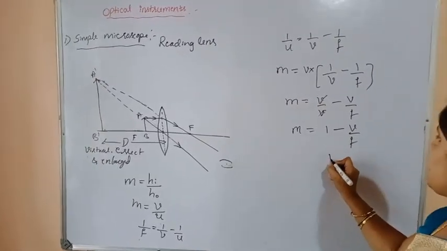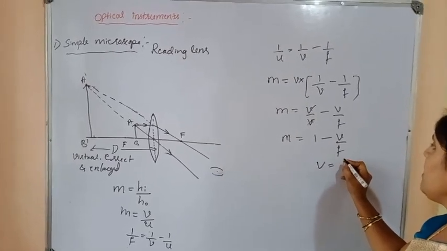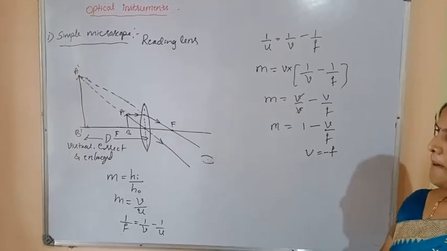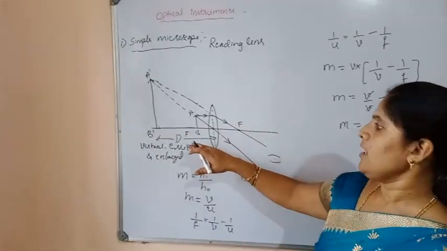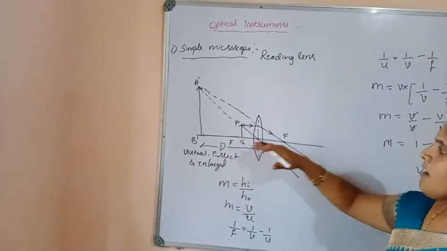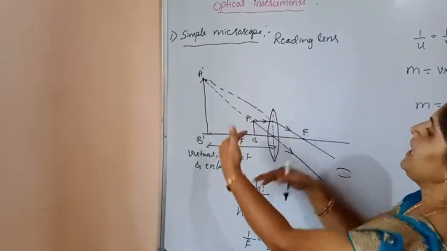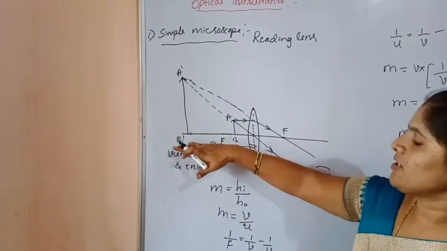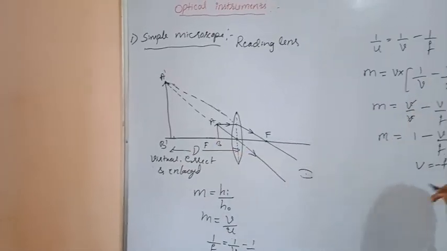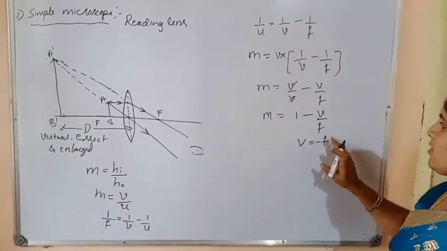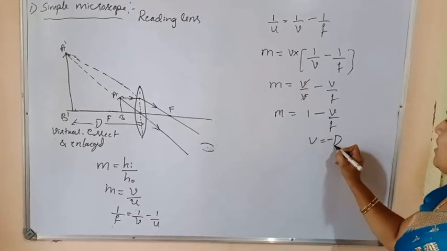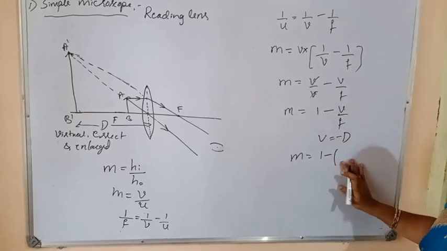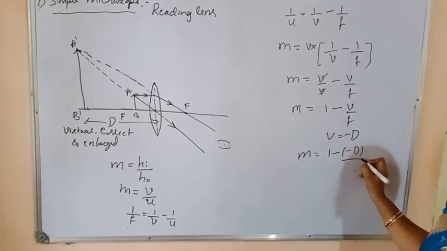By applying the sign convention, v is equal to minus d, because this image distance d is measured opposite to the direction of the incident ray. So v is equal to minus d. So m is equal to 1 minus (minus d) divided by f.